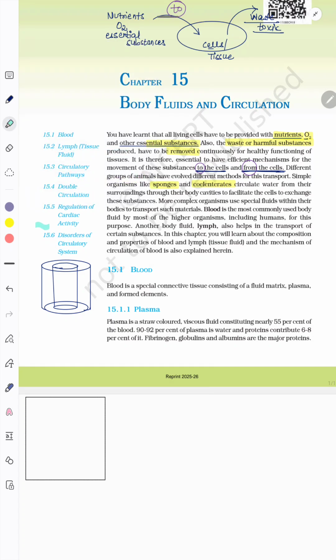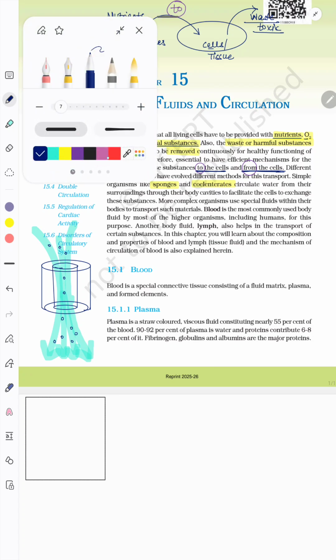Now what happens? Surrounding water enters and exits through this cavity, right? This is how water is coming. Now what is happening? This surrounding water has so many particles, so many substances, so many important things that are required by these organisms.